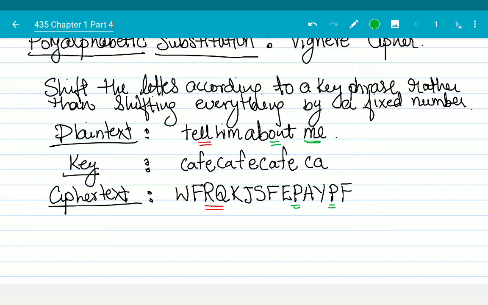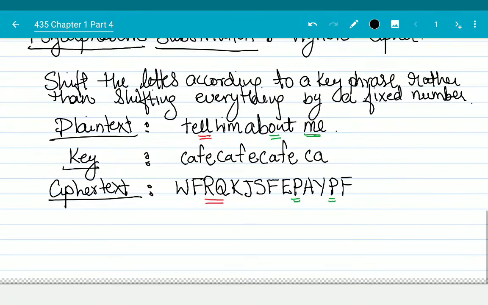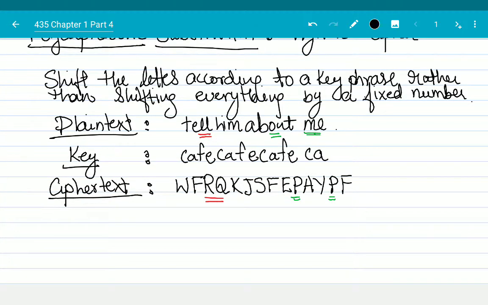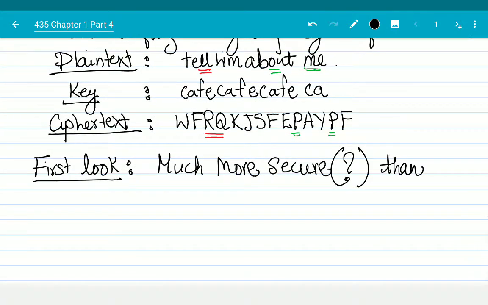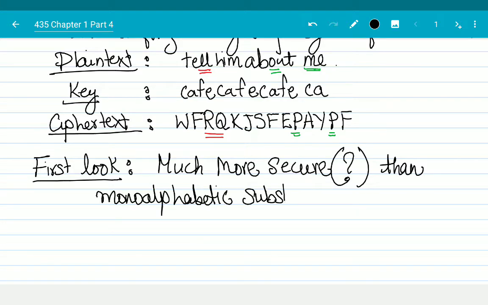So at first look, it looks much more secure than the normal substitution cipher, the monoalphabetic substitution cipher.